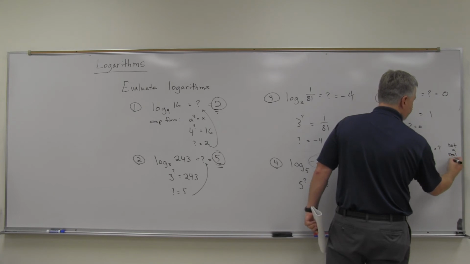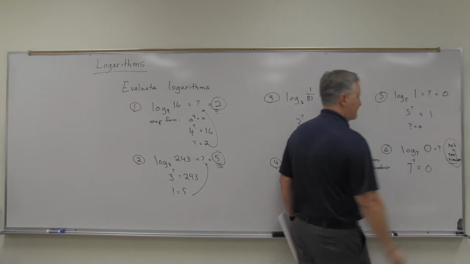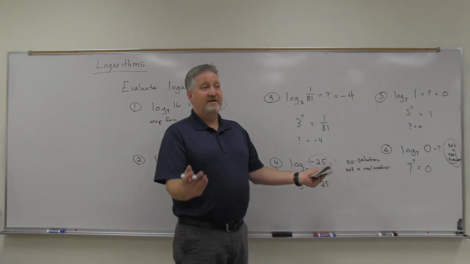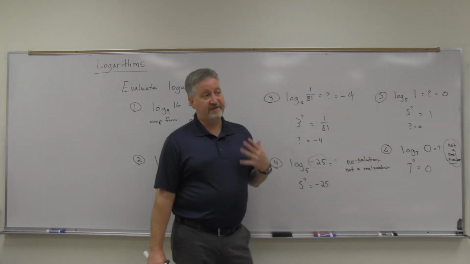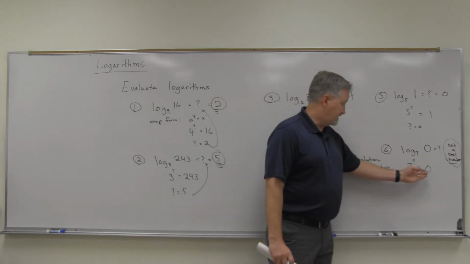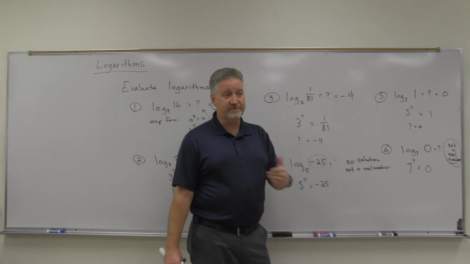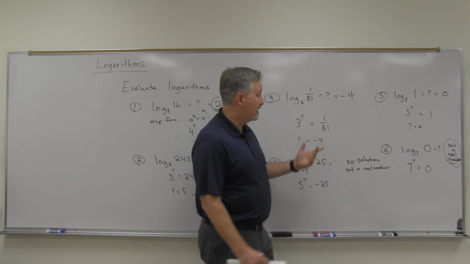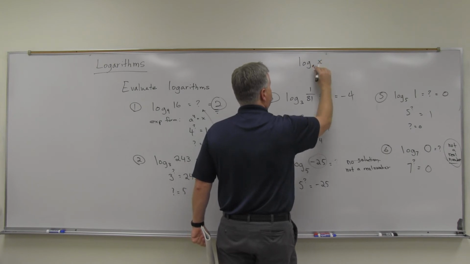And again, this explains it, because what power of 7 are you going to give me that gives me 0? There's not a power of 7. 7 to the 0 is 1. You can get fractions. 7 to the negative 1 gives me 1/7, but you can't get equals 0. So yeah, that explains again what we just talked about.